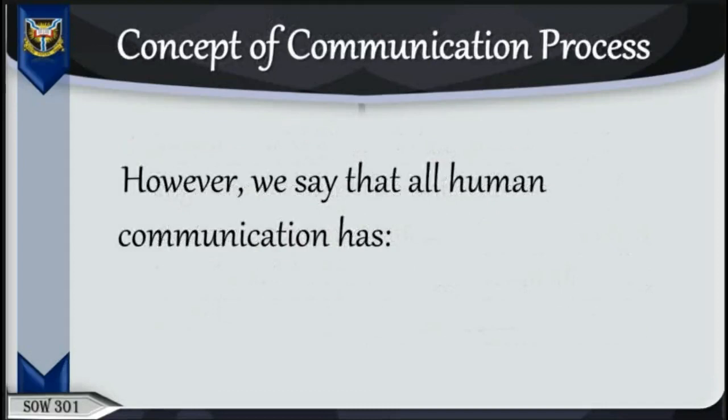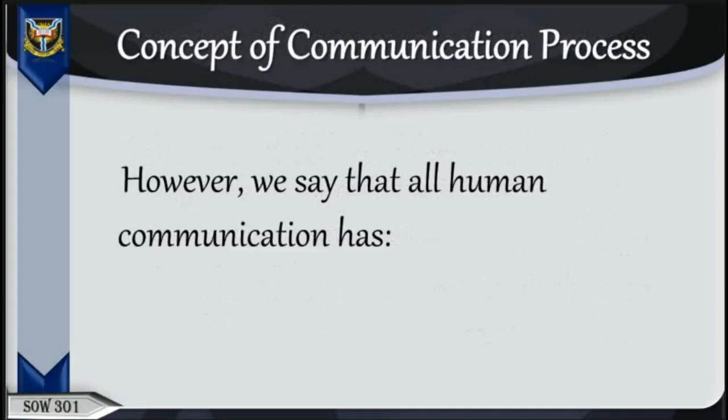Substitute microphone for encoder and earphone for decoder, and you will be talking about electronic communication. At another time, consider that the source and encoder are one person, the decoder and destination is another, and the signal is language, and you are talking about human communication.